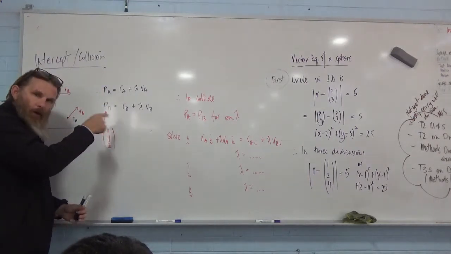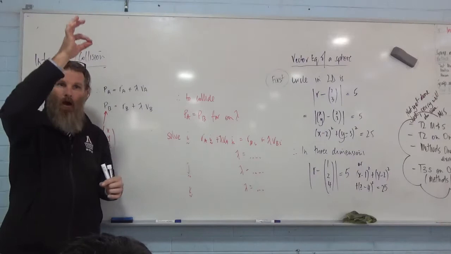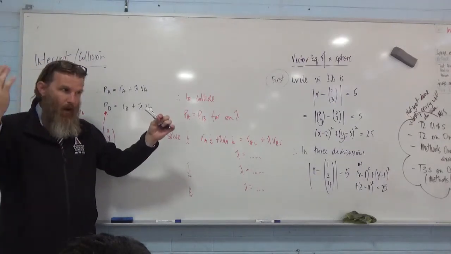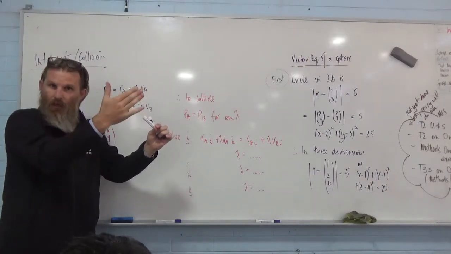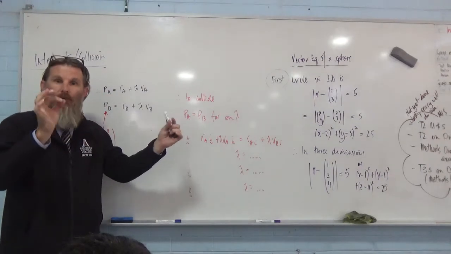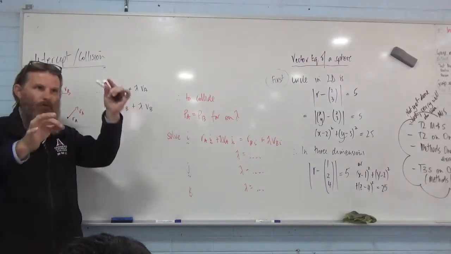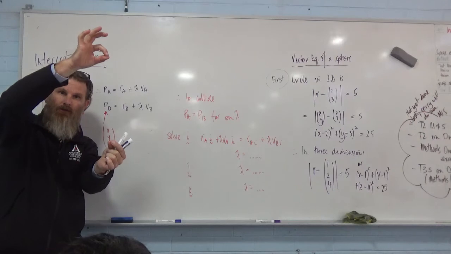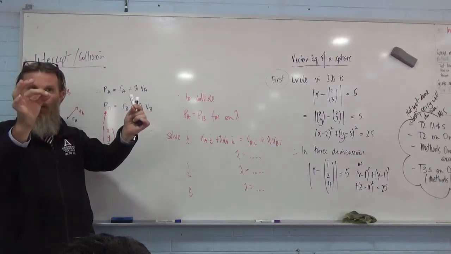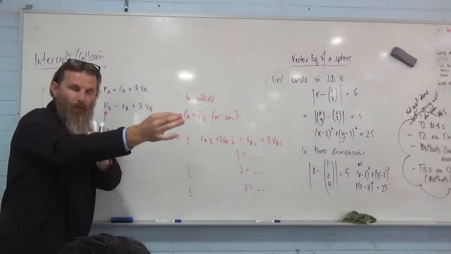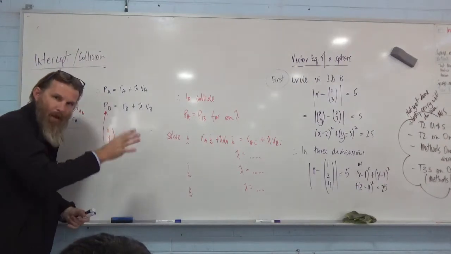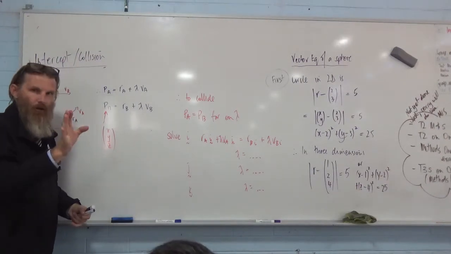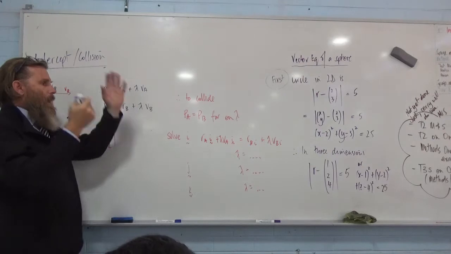Or if you rearrange it the other way, the heights are the same and the x dimension's the same, but the y dimension's different. It's the same situation, basically turned this way and then turned that way. So if only two of them match, it's not going to collide. All three have to.